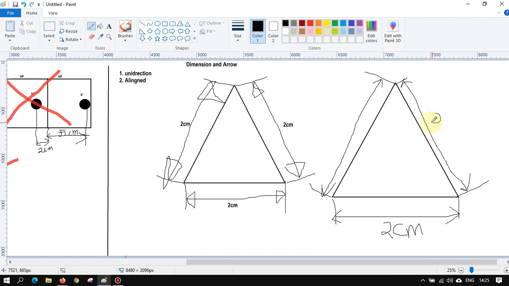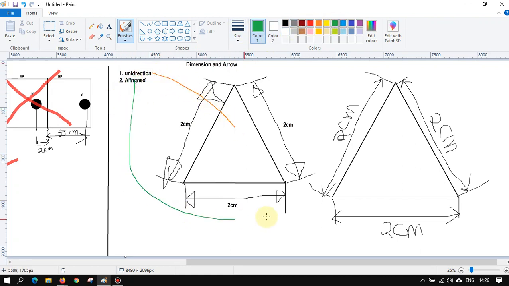But the 2 centimeter will be aligned along the line like this, and similarly here, 2 centimeter. Is that clear to you people, or shall I repeat it? Yes, sir. This is unidirectional and this is your aligned. You have to follow any one of these dimension systems while drawing.